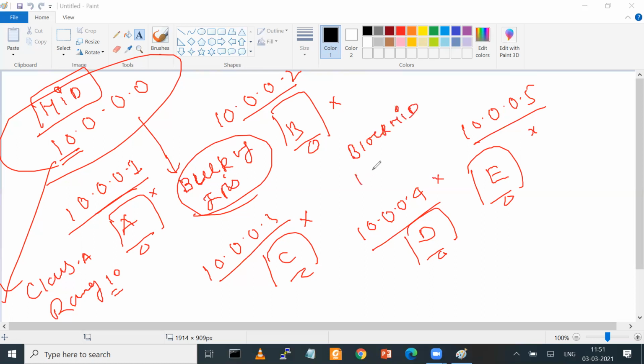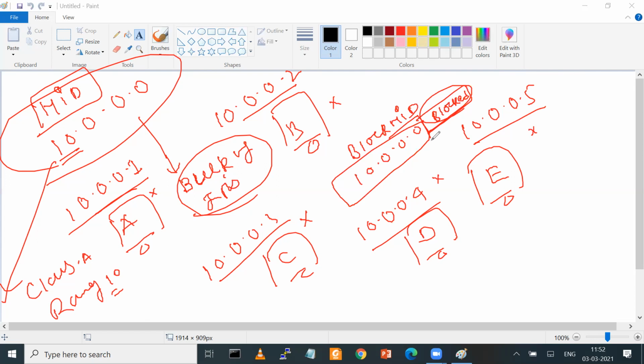So if I block this network ID 10.0.0.0, whatever the IP range lies in between this range automatically gets blocked, and you won't be able to communicate with the whole IP range.